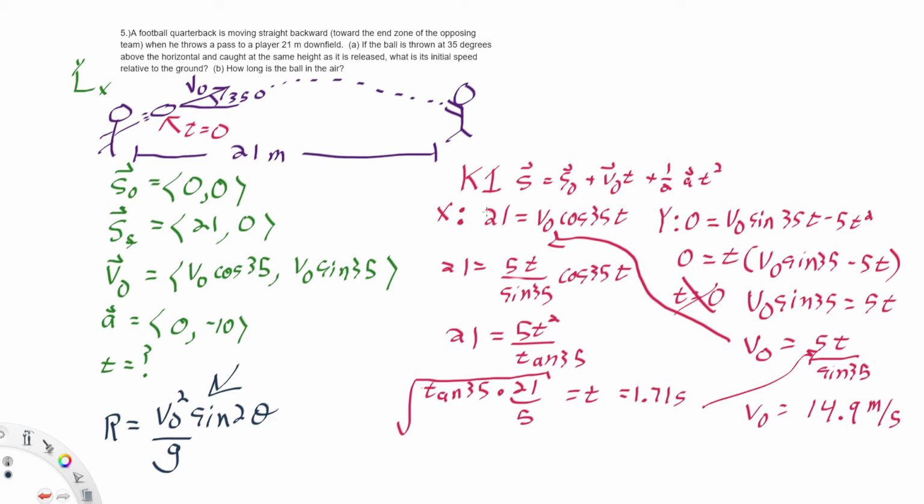Because if you don't, then, right, you're guessing. It does say in the problem they're caught at the same height. But I need to see that you've considered that, basically. If you're going to use a formula, I need to know that you know it has limitations.